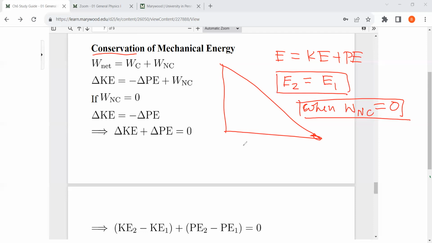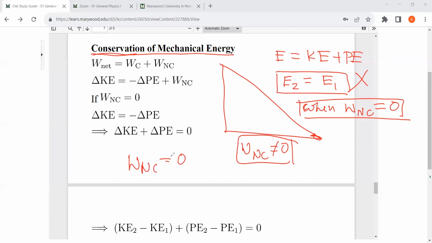But if we have some contribution from non-conservative force, then this is not valid. So remember that conservation of mechanical energy is only valid when W_NC is equal to 0. So mostly when there is no work done by the friction.